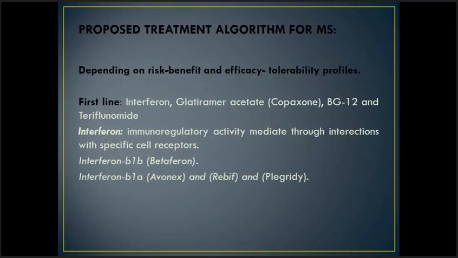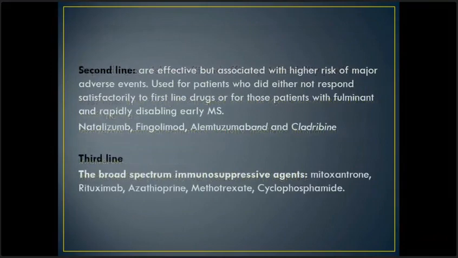We have a proposed treatment algorithm for multiple sclerosis depending on the risk-benefit and efficacy-tolerability profiles. We have drugs as a first line. On failure of this drug, we will escalate to second line, and on failure of the second line, we will go to the third line drug.